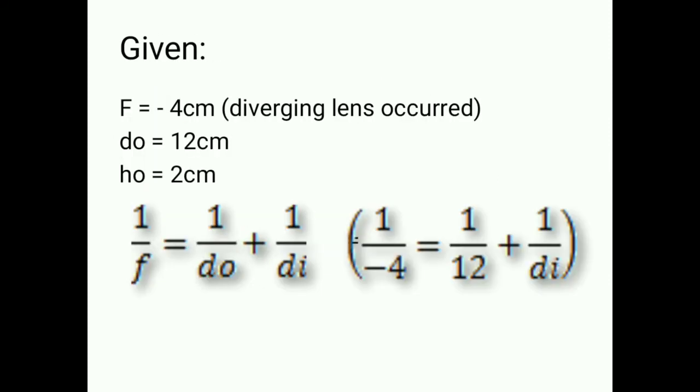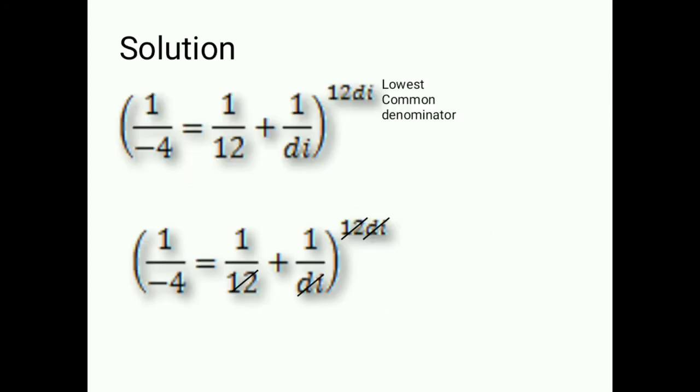Now, we follow the equation: 1 over negative 4 equals 1 over 12 plus 1 over di. To find the solution, we're going to use the lowest common denominator, which is 12di, and distribute it to each fraction in the parentheses.